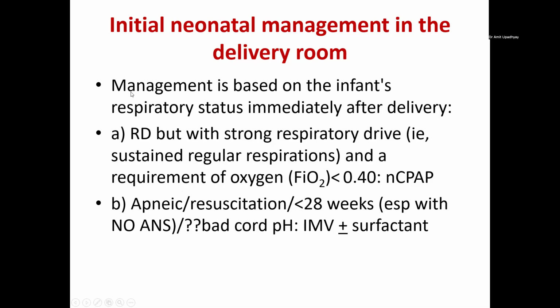Most people would prefer to directly intubate, stabilize the baby, give surfactant, have an X-ray, have a gas, and then extubate and start CPAP. So there are no blind rules as such, and a fixed policy may not be the best at this time: check this and do this, check this and do this.